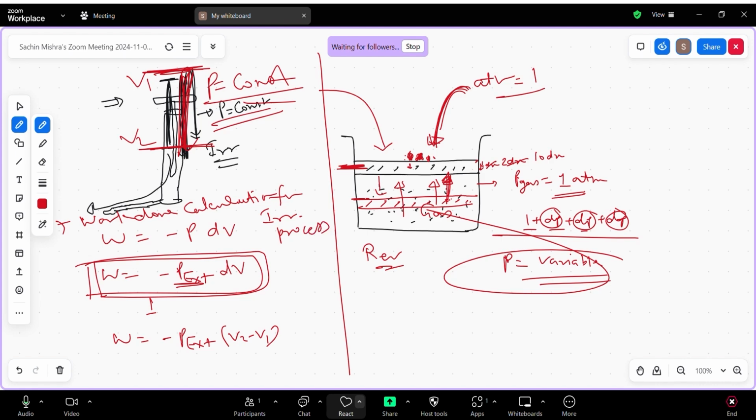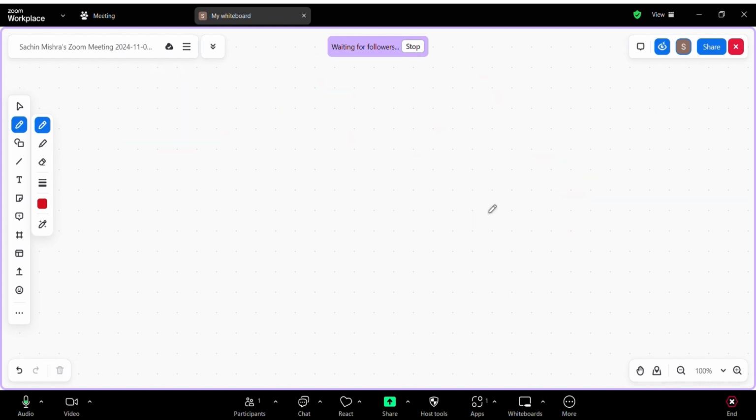Now let's discuss the work done calculation for the reversible process. How can we calculate work done for the reversible process? As we have discussed, during the reversible process, pressure is variable. Since pressure is variable and we have studied W equals minus P external dV, and the volume moves from V1 to V2.